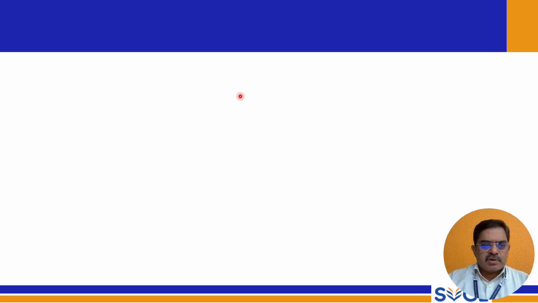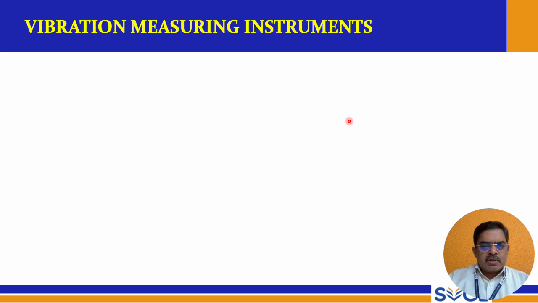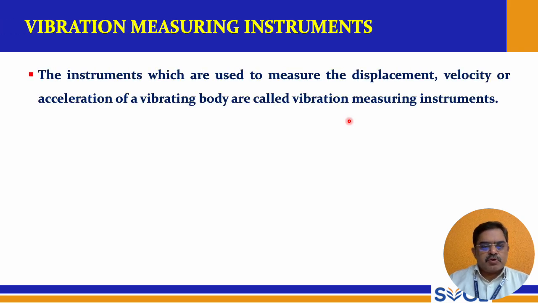Now, vibration measuring instruments: these are the two types we are going to discuss in today's session. The instruments which are used to measure the displacement, velocity or acceleration of a vibrating body are called vibration measuring instruments.